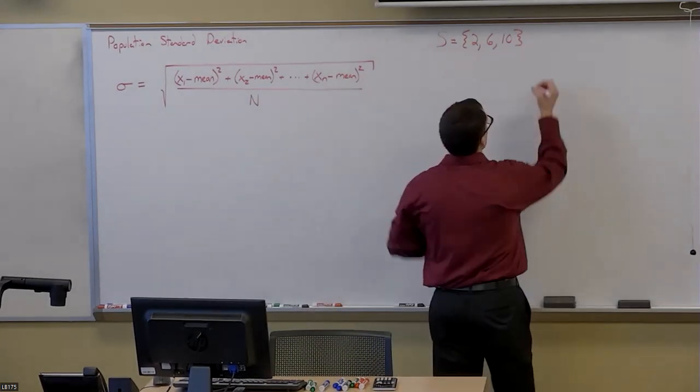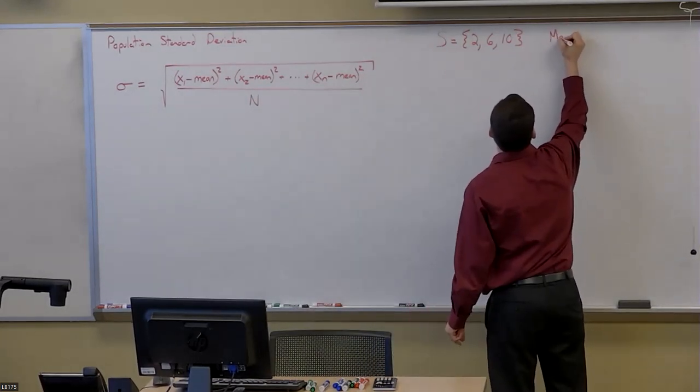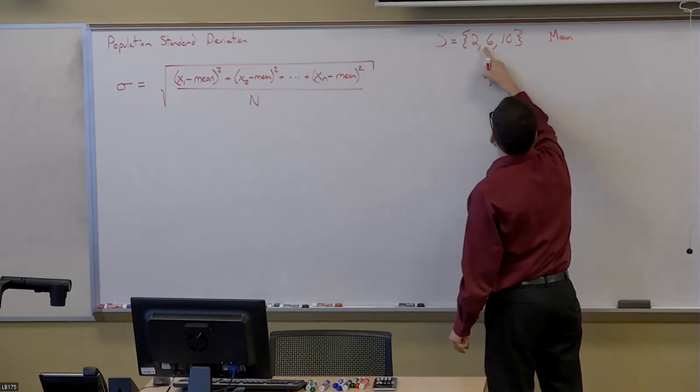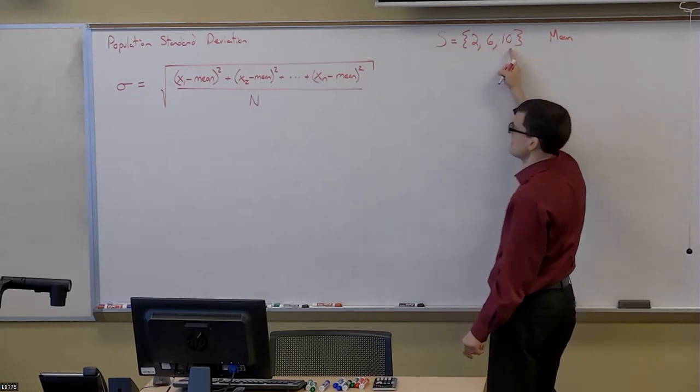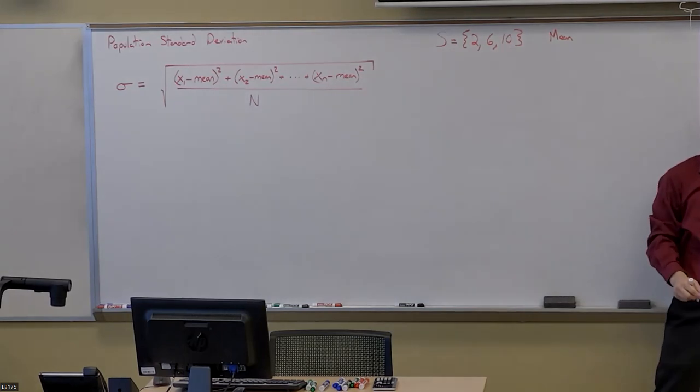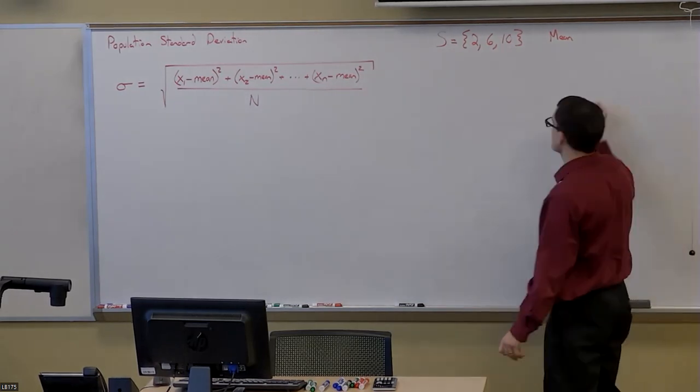By the way, this has a mean. If you add up 2 plus 6 plus 10, you get 18. Divide by 3, you get 6. So the average there is 6.